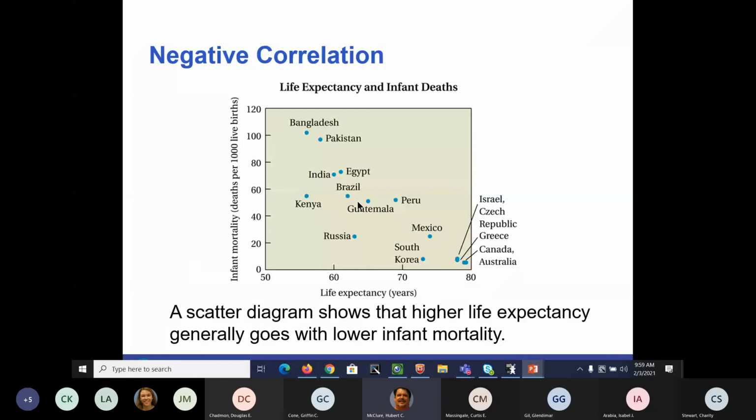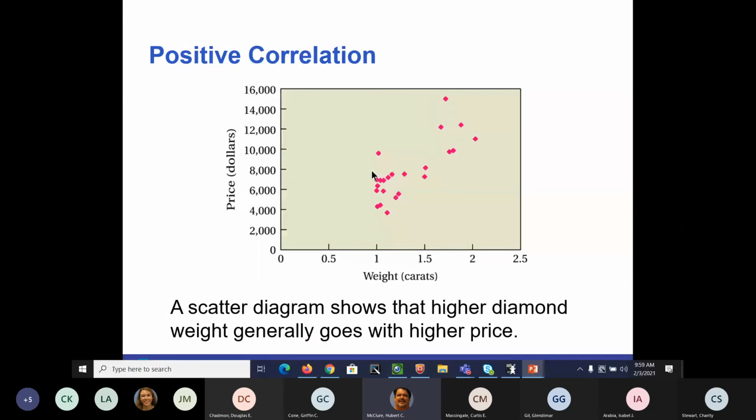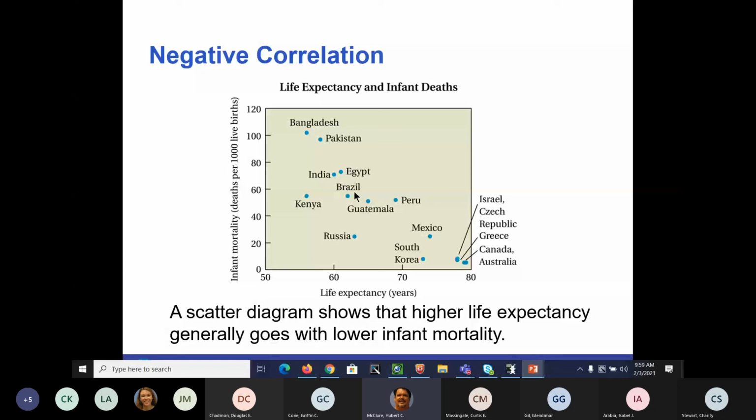Here is a negative slope, negative correlation. Now, that's what you'll be asked on a standardized test. And I do put a couple of these on your test. And you should be able to tell a positive correlation and a negative correlation. Just try to draw a line that best fits in here.